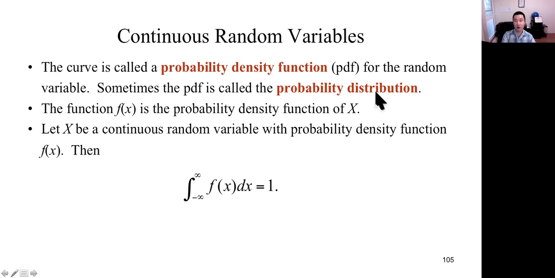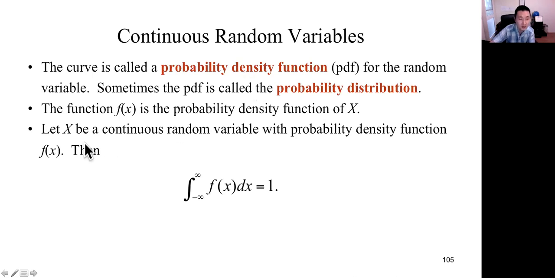Remember for discrete variables, it is called the probability mass function, or PMF, like we discussed Tuesday this week. For continuous variables, it has a different name, which is PDF, probability density function.